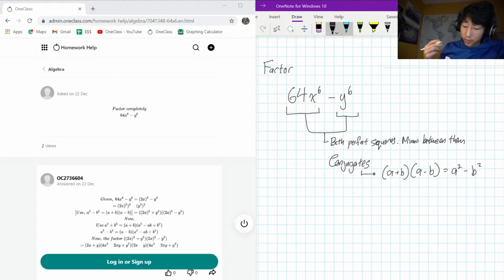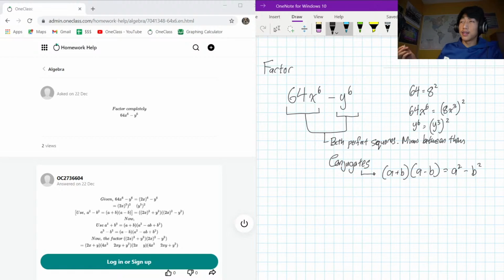Okay, so if we were to apply this conjugate principle to what we have right here: 64 is equal to 8 squared, right? So another way that we can write 64x to the 6 is we could write this as 8x cubed, squared, right? And another way that we can write y to the 6 is y cubed, squared.